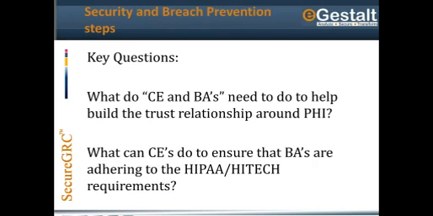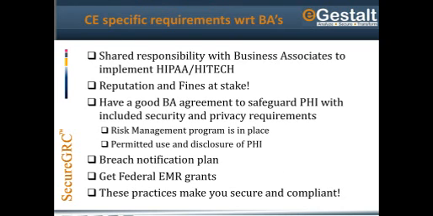So going back to the primary question that we started out with: how do we ensure, and what can covered entities and BAs do to build a relationship around PHI, and what can covered entities do to ensure that business associates and vendors are adhering to the HIPAA HITECH requirements? That's really the key question that we are after. So with respect to HIPAA HITECH, the covered entity has shared responsibility along with business associates and vendors to ensure and implement HIPAA HITECH.